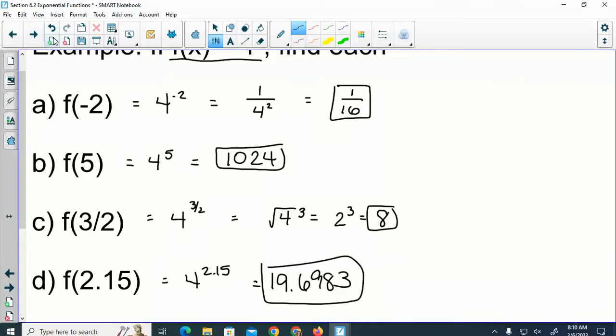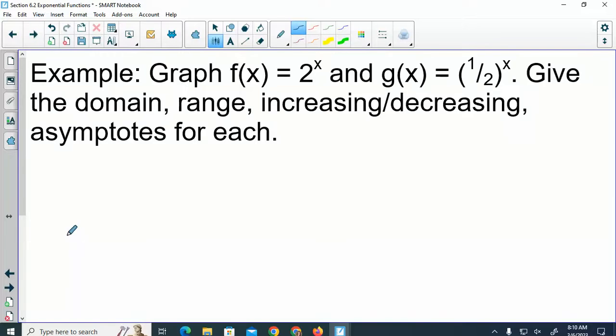So let's talk about graphing these exponentials. So the first one we are going to graph is 2 to the x power. If I want to graph 2 to the x, all you really need to write is f of x equals 2 to the x.